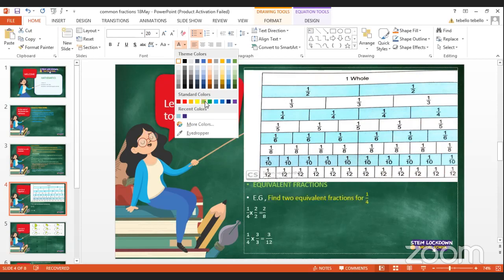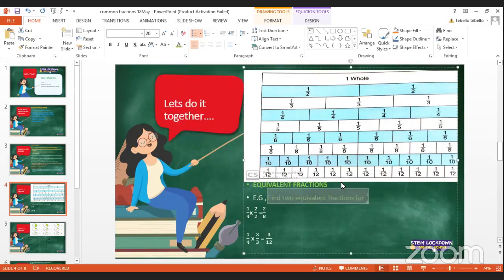You can use green. So what did I say about finding our equivalent fractions? We said that to find the equivalent fraction, we must multiply the numerator and denominator by the same numbers, right? Okay, so we must find two equivalent fractions for 1 over 4. Not only one, but two.